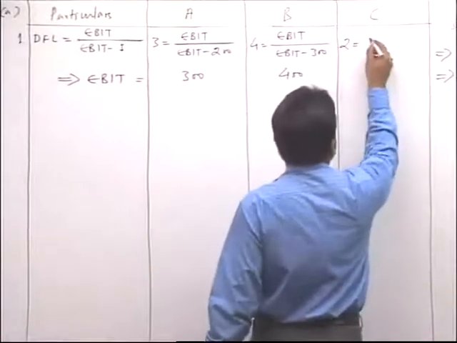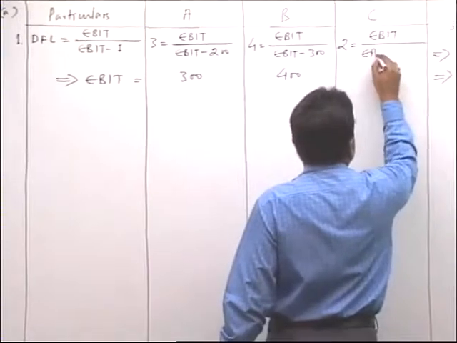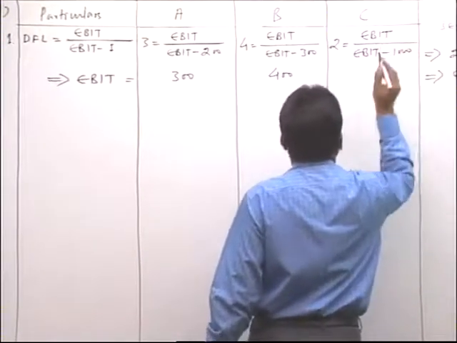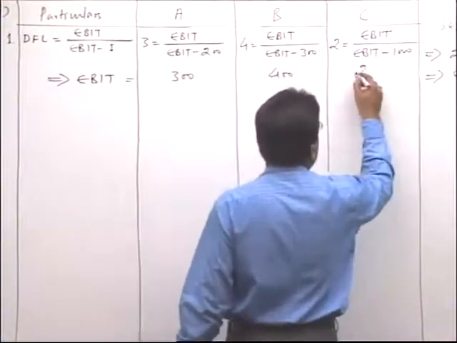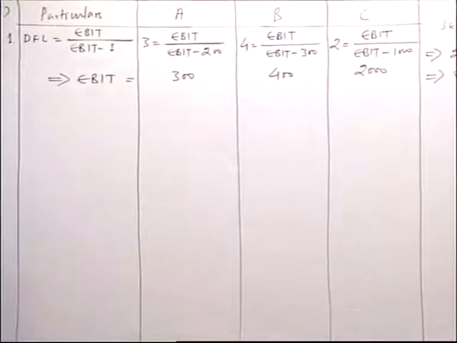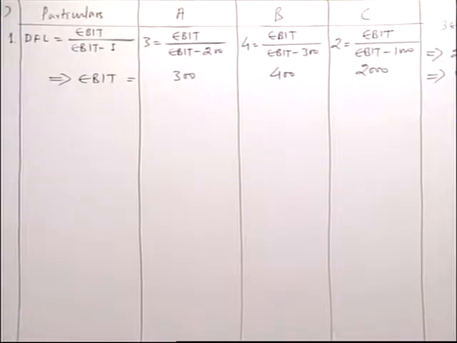So, 2 is equal to EBIT upon EBIT minus 1000. That implies EBIT is equal to 2000. So, by this the EBIT of all the three companies is found out. It is 300, 400 and 2000.